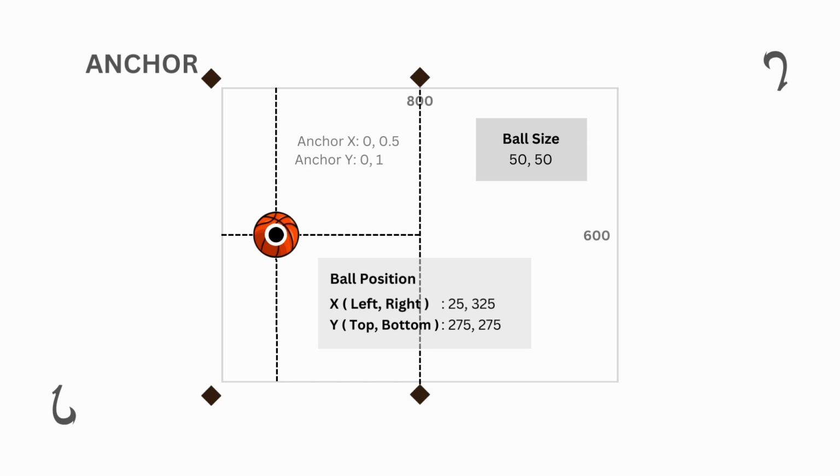From the right, it is 325: 400 minus 50 and minus half of the ball size. That's also the same for the left position. It's just like before, because the anchor is not changing. So that's it.